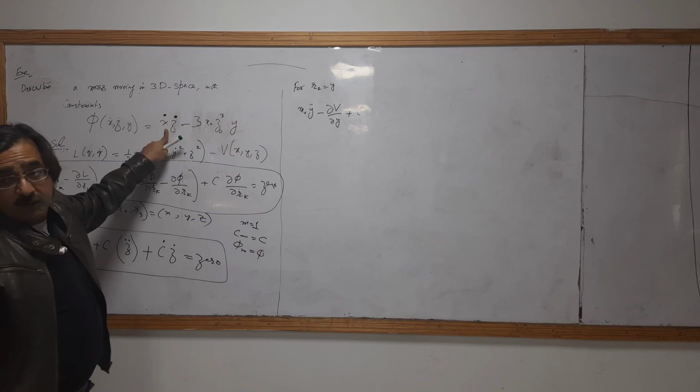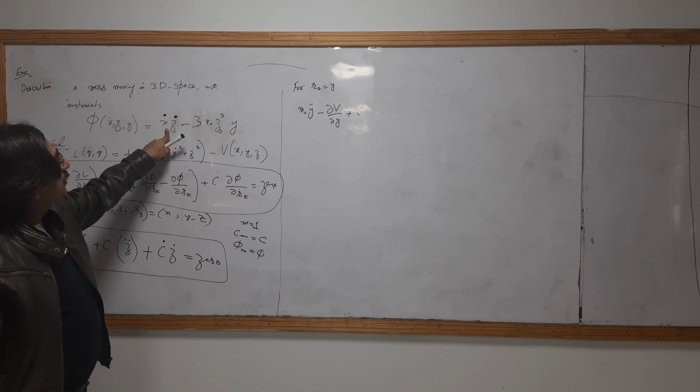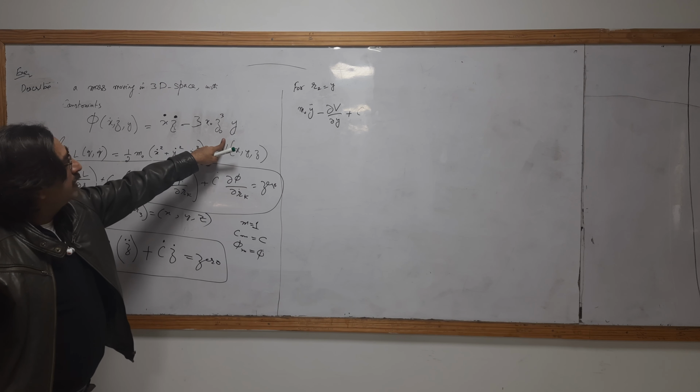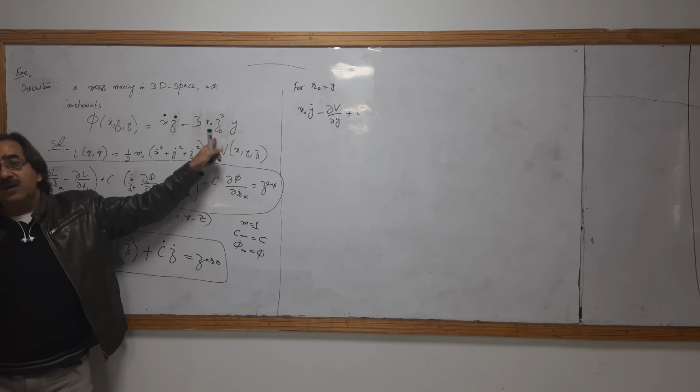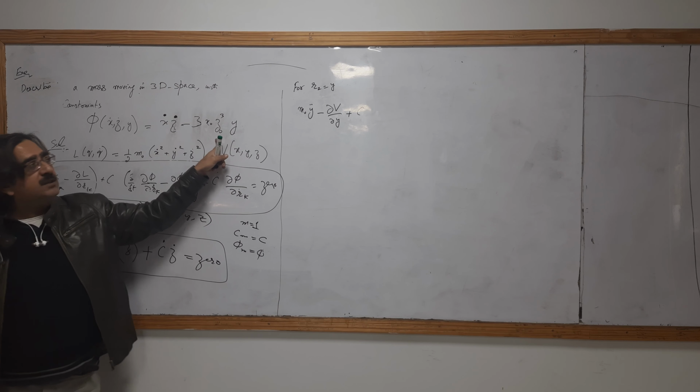There is no y dot, so this is 0, and here there is no dot involved, so this is also 0.